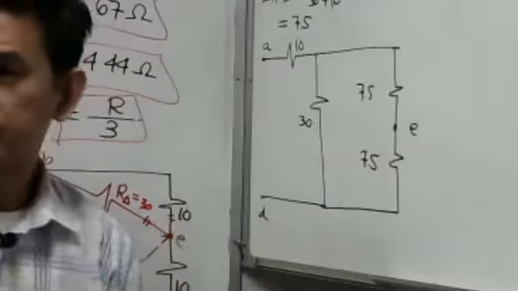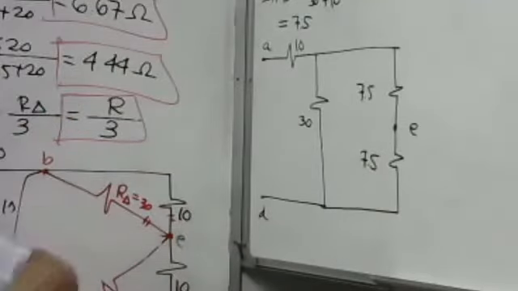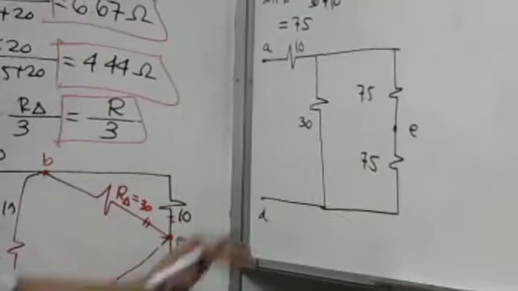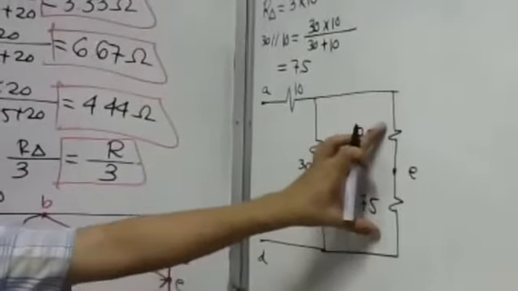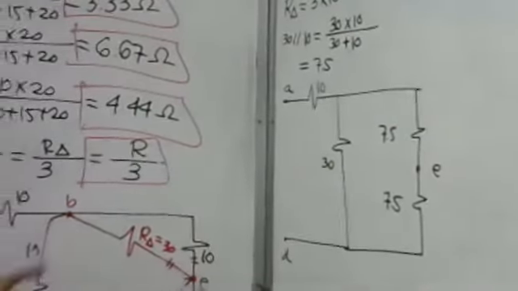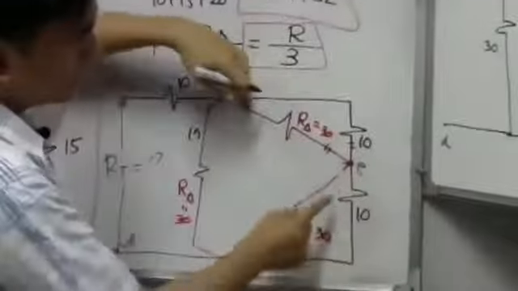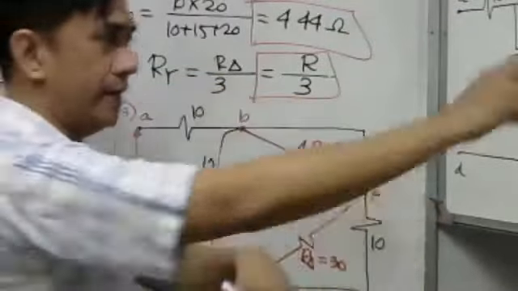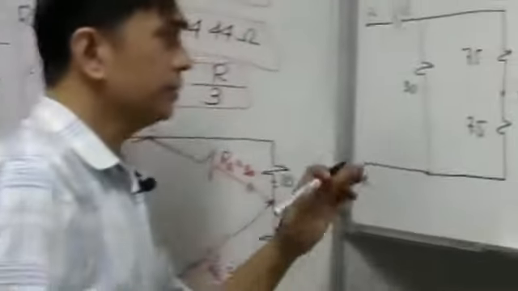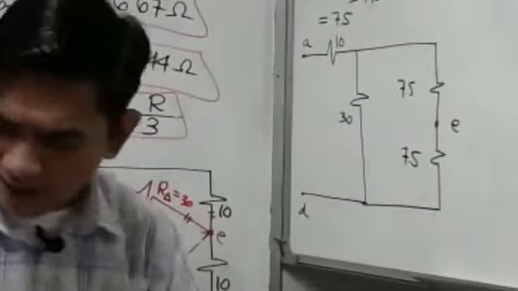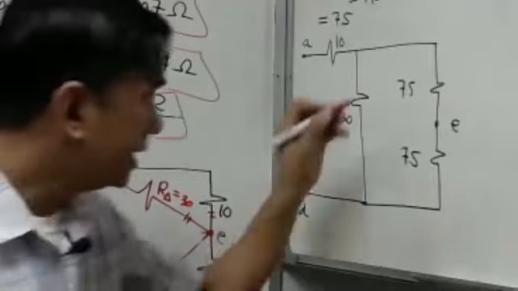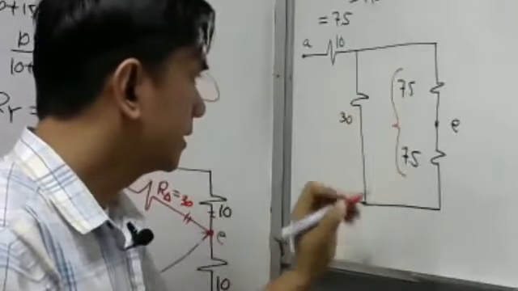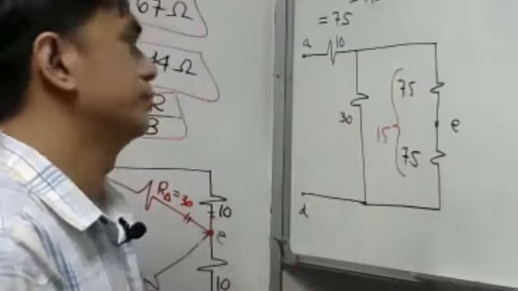So meron ka ng dalawang 7.5. Obviously, they are connected in series, because we have 7.5 on the upstream and 7.5 on the downstream. So the equivalent of these two is equal to 15 ohms.